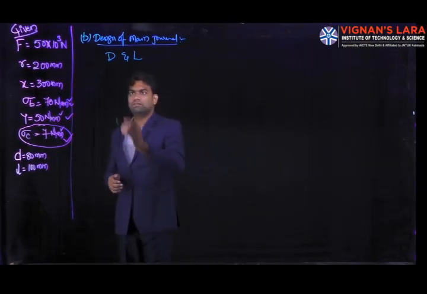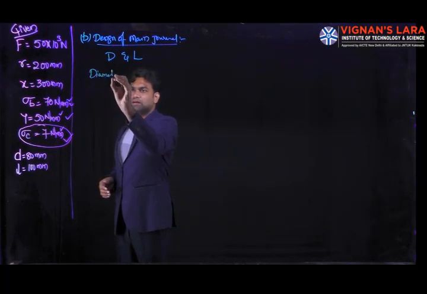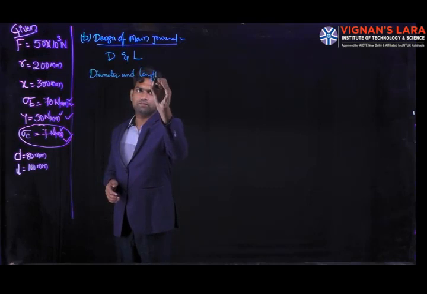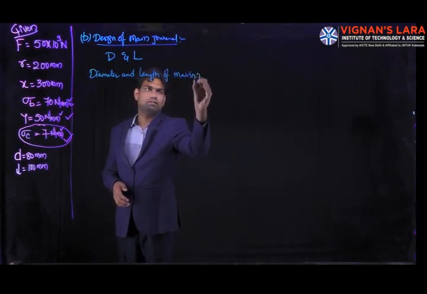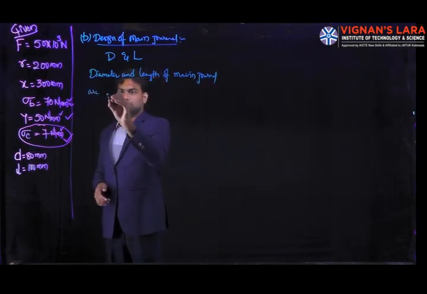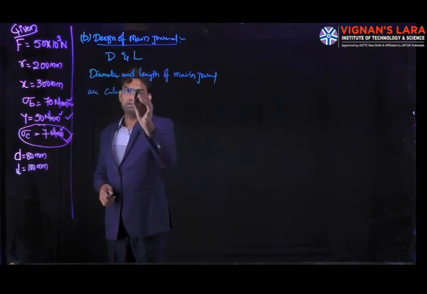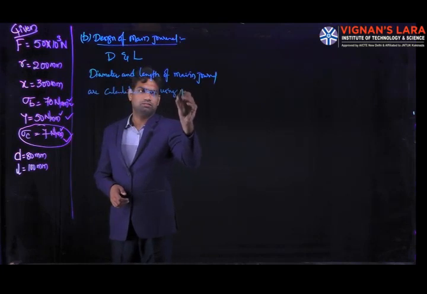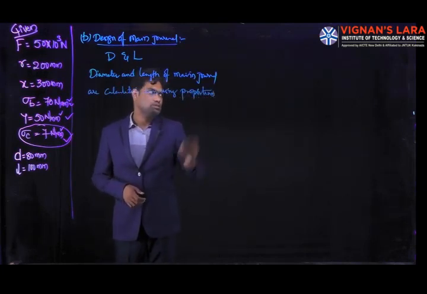Initially the diameter and length of the main journal are calculated by using proportions.